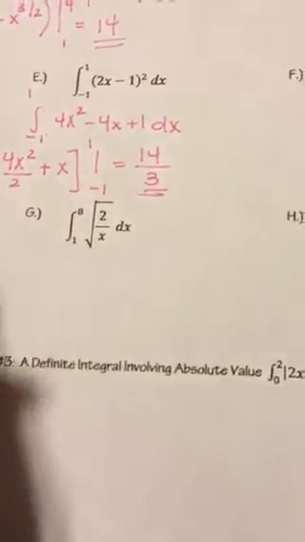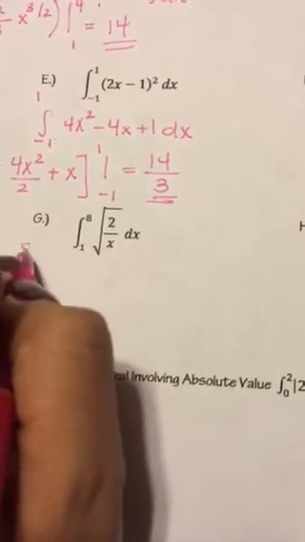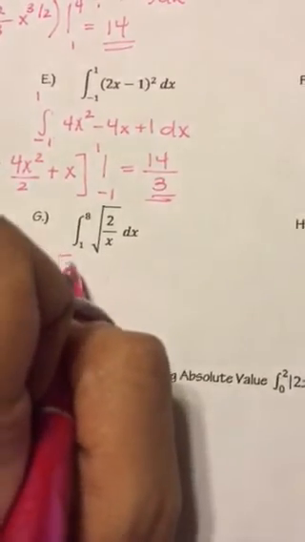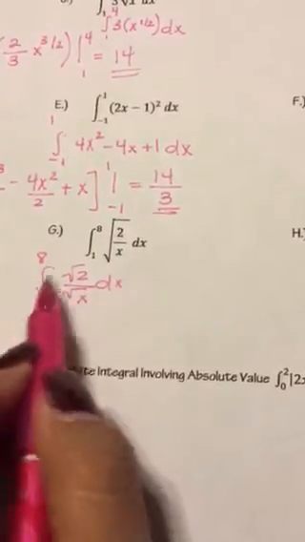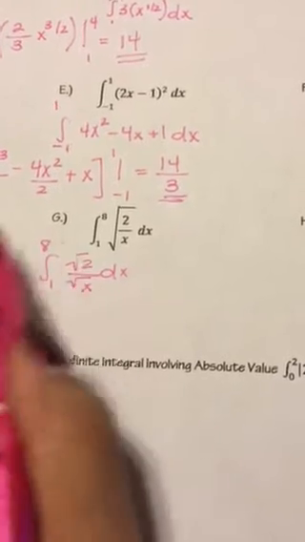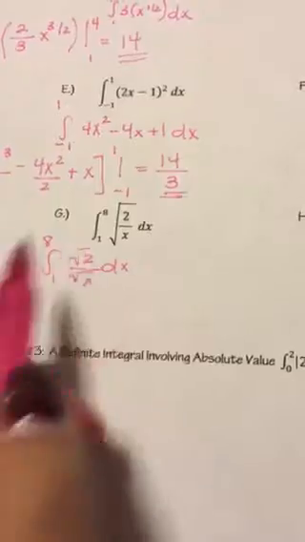Here, we're going to split it up into the integral from 1 to 8 of square root of 2 over the square root of x dx. Pull out that square root of 2 and bring the square root of x up.